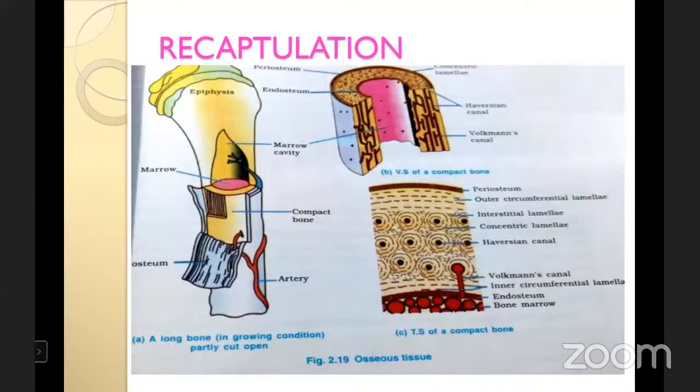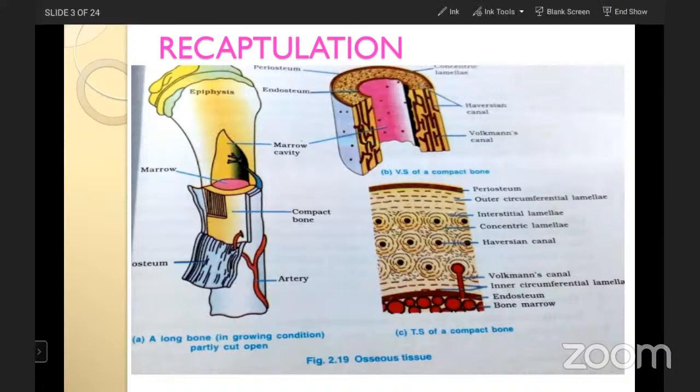Okay. So recapitulation of yesterday's topic. Yesterday we have discussed about the compact bone and the compact bone parts. Let us recall them once again. In a compact bone, two main parts are there, just like they are epiphysis and diaphysis.